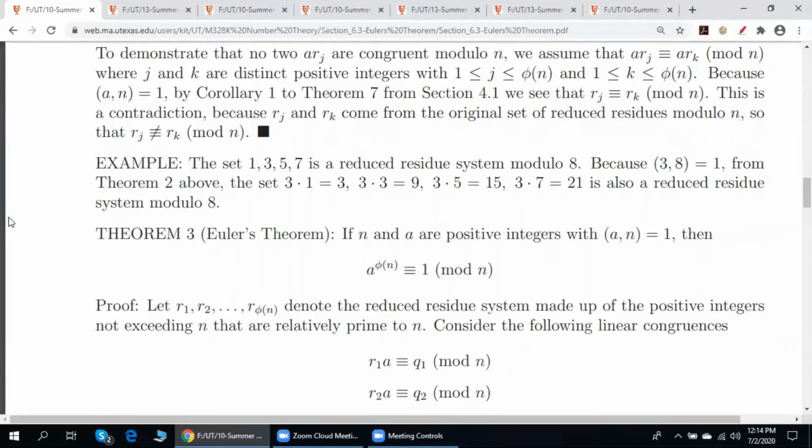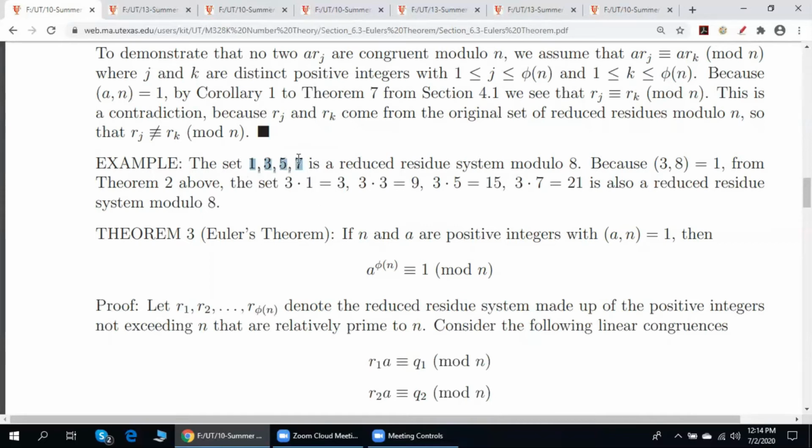Now let us discuss the following example. This set is a reduced residue system modulo 8 because here we have phi of 8 elements. These are pairwise relatively prime elements.